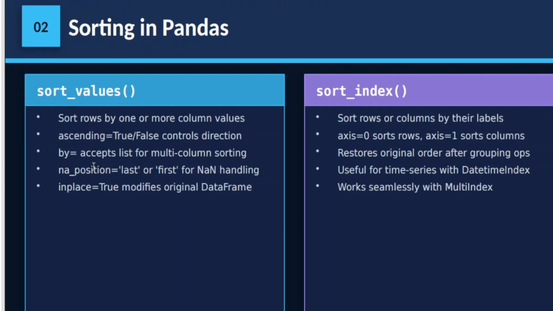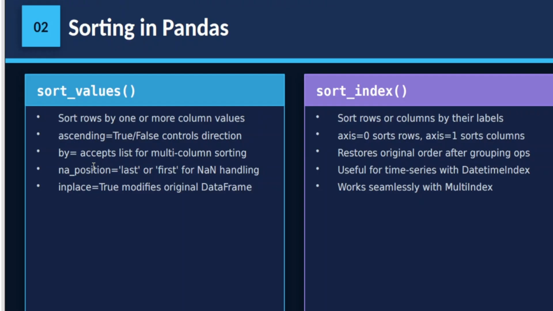na_position: here you pass two parameters, last or first. When you pass first, then the null values will get printed at the start of the column, and when you pass last, then the missing values or null values will get printed at the end of the column.